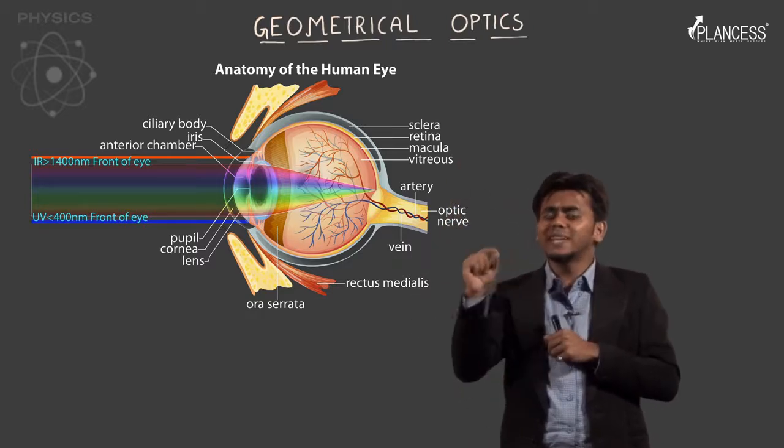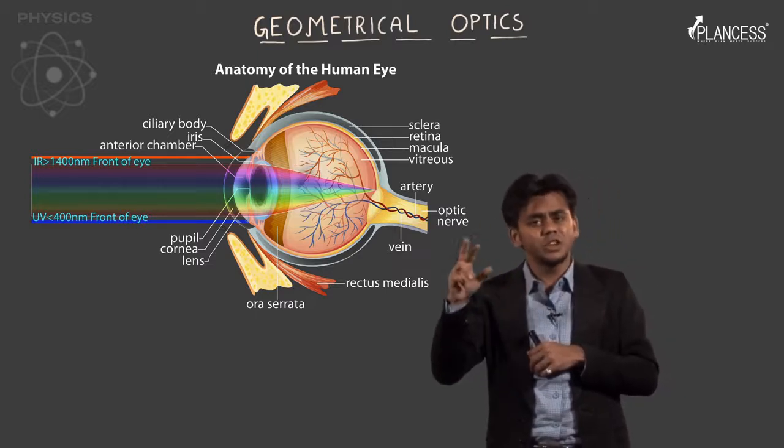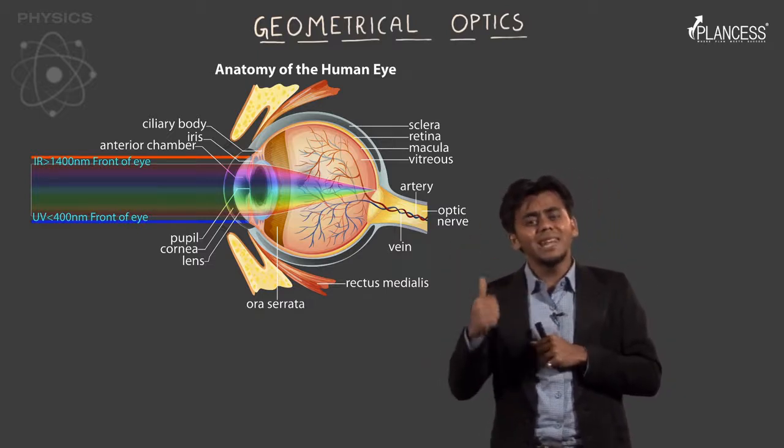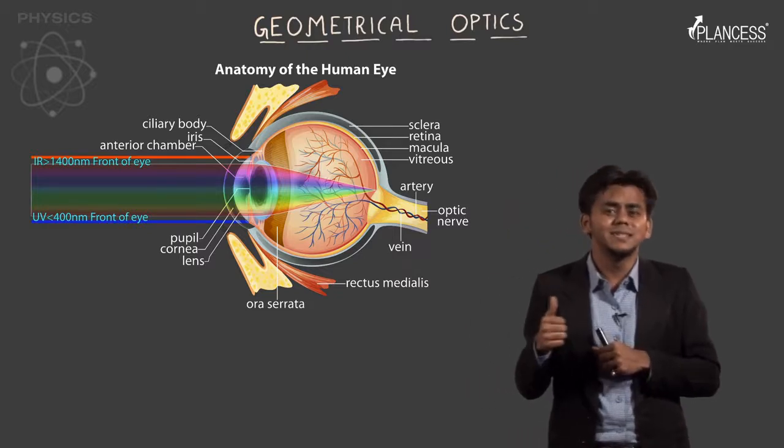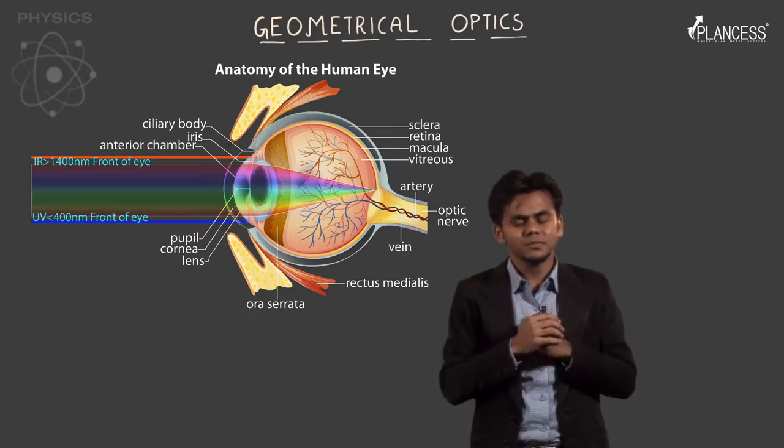This is not the only case in which the image formation will be on the retina, but in this particular situation, your focal length is that distance of the retina from the crystalline lens.